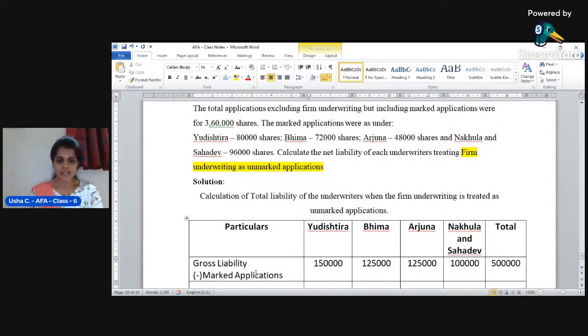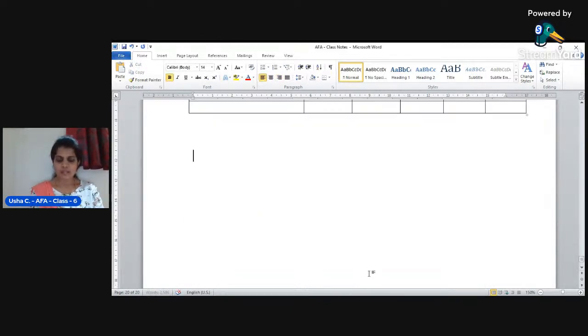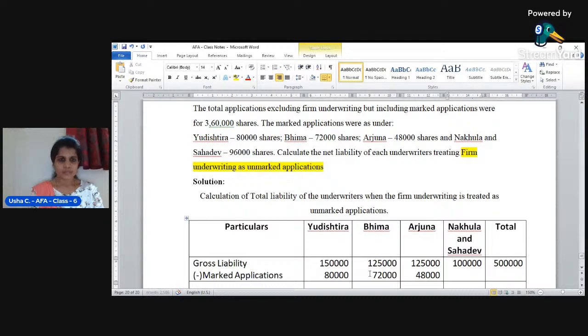80,000 shares, 72,000, 48,000, then 96,000.